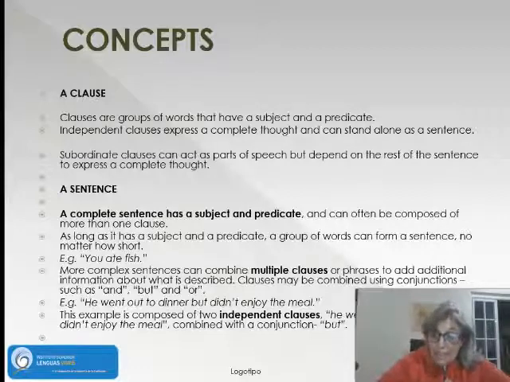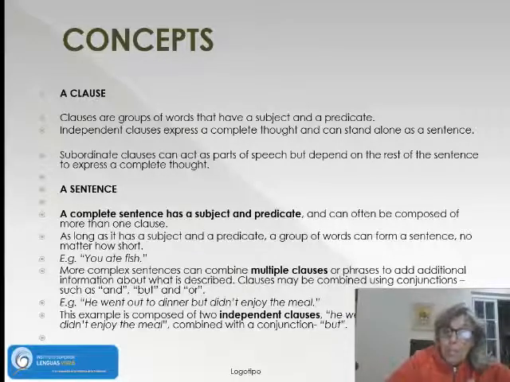A complete sentence has a subject and a predicate. For example, you ate fish. And it can be an independent clause. There are complex sentences that have more than one clause that are joined by conjunctions such as and, but, or.